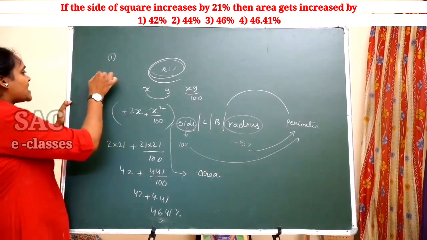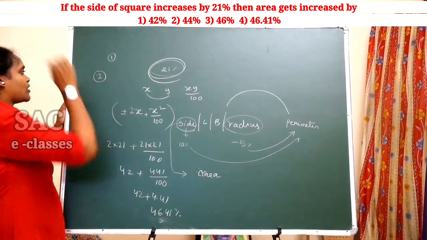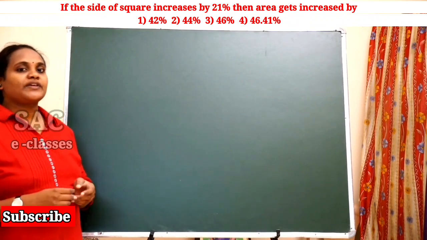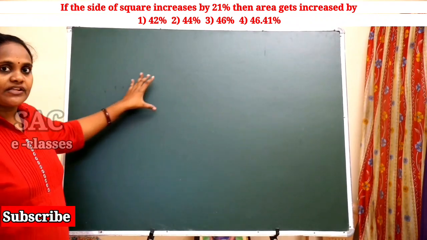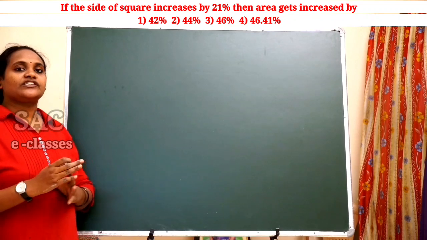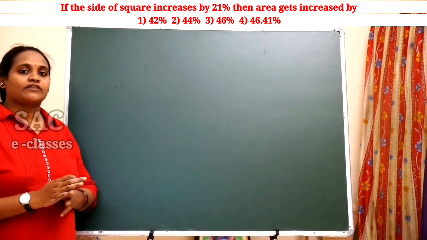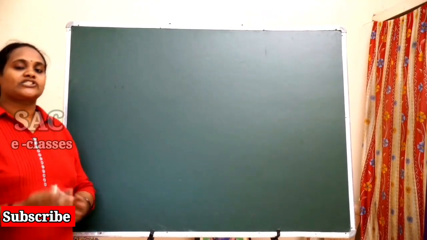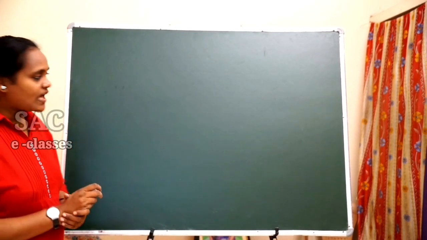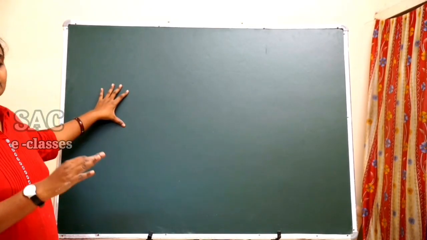Let us go for the second geometrical type of problem. Now the next problem is, if they have given the percentage change in the area of any geometrical figure, how do we calculate the change in the dimension? For example, let's have a look at this problem.